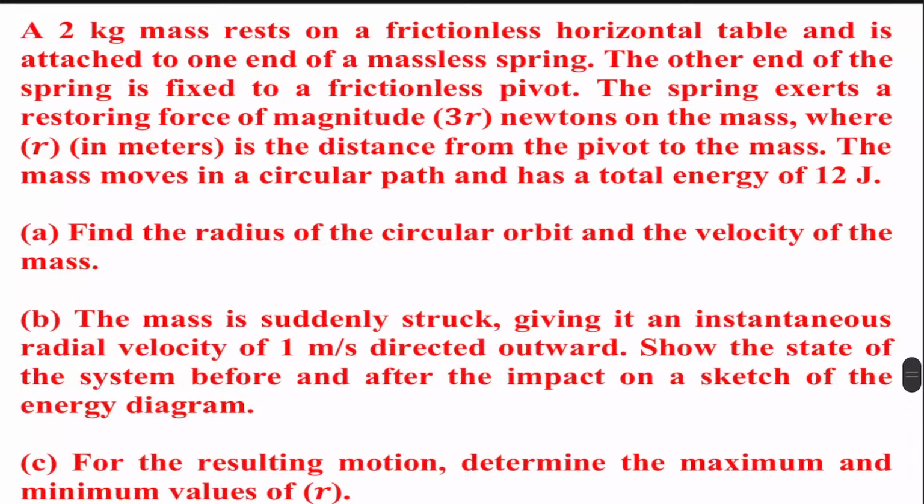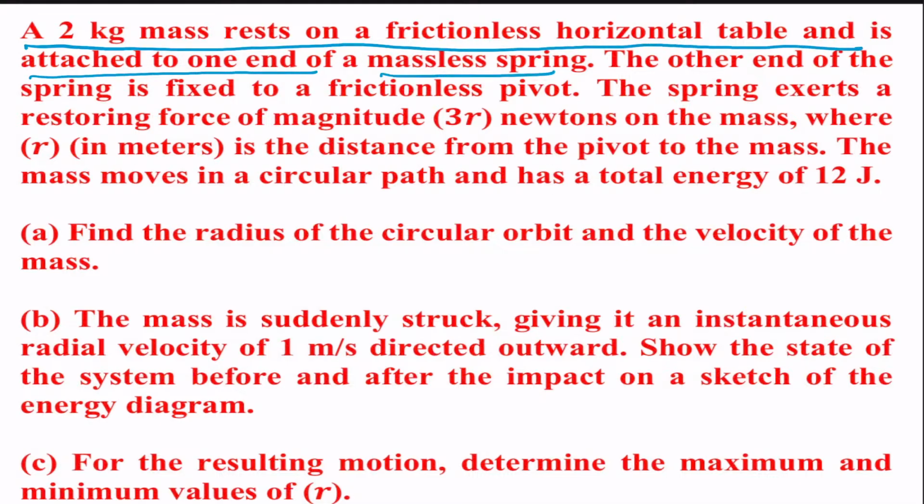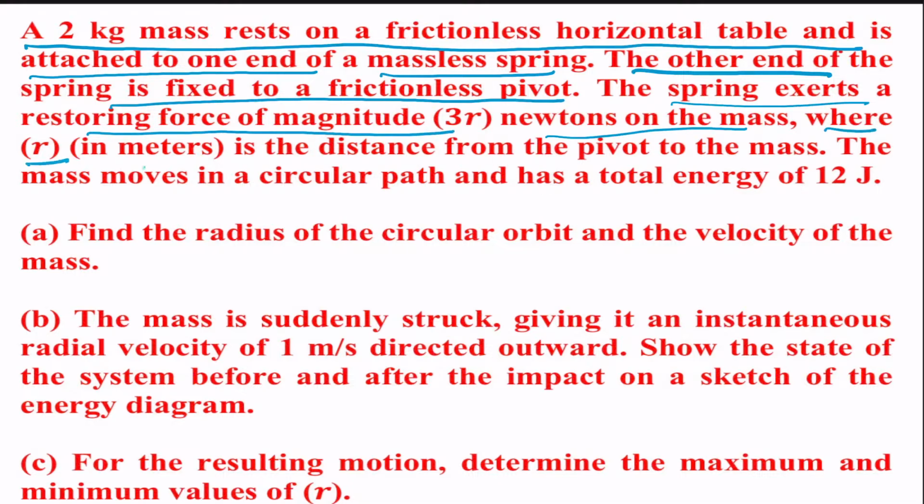It states that a 2 kg mass rests on a frictionless horizontal table and is attached to one end of a massless spring. The other end of the spring is fixed to a frictionless pivot, and the spring exerts a restoring force of magnitude 3r newtons on the mass, where r in meters is the distance from the pivot to the mass.